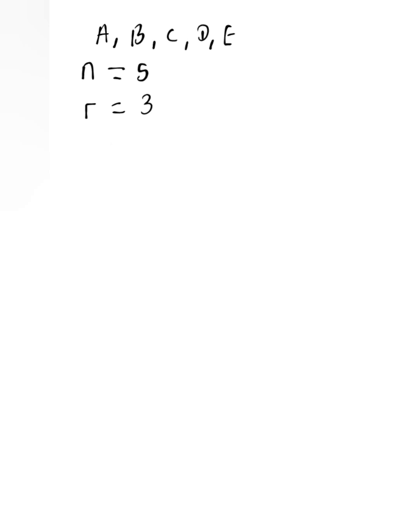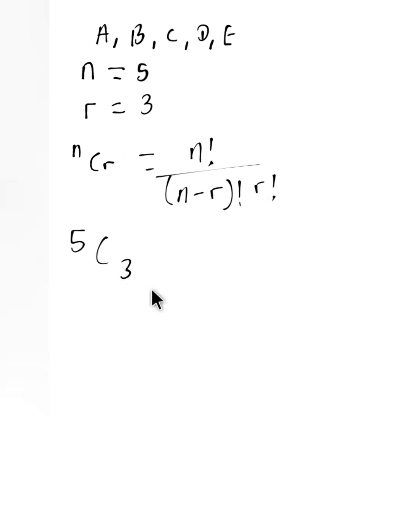Now the formula for combination is nCr = n factorial all over (n minus r) factorial times r factorial. Now n is 5 because there are 5 persons altogether. Combination 3 because we just need 3 persons to form a committee.